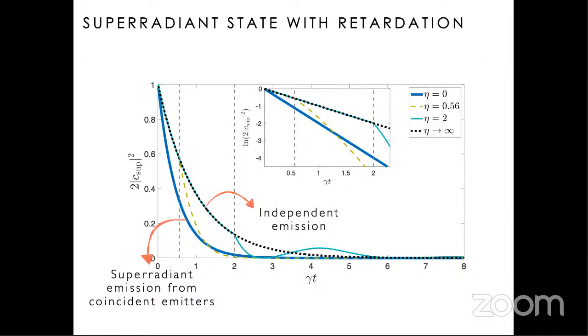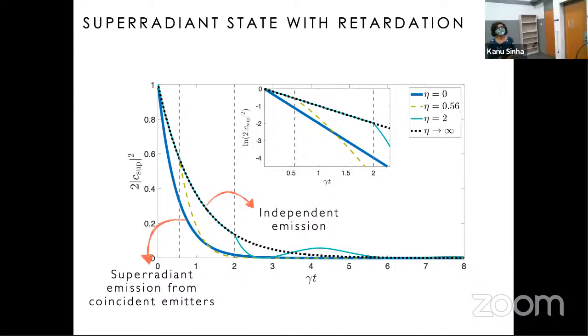Thanks. Before you go on, I've got another question. This is Phillips. In this model of having two atoms coupled to a waveguide, are you including the effect of a single atom seeing its image in the waveguide, or however you want to think about the waveguide modifying that process?